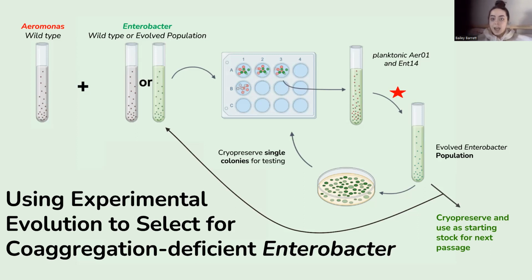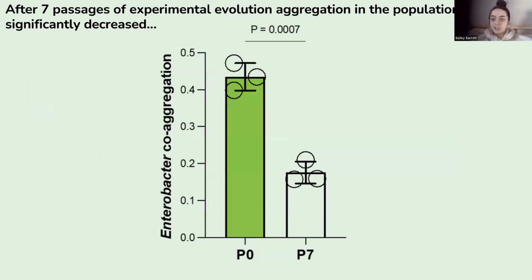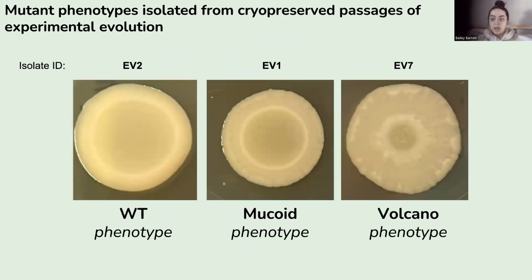After we started to see a marked decrease, that's where we go off this continuous passages path and actually plate the bacteria and get a little more information. And that's exactly what we did. It took about 7 passages to reach a state where we really saw a loss of co-aggregation, and we plated those individuals.